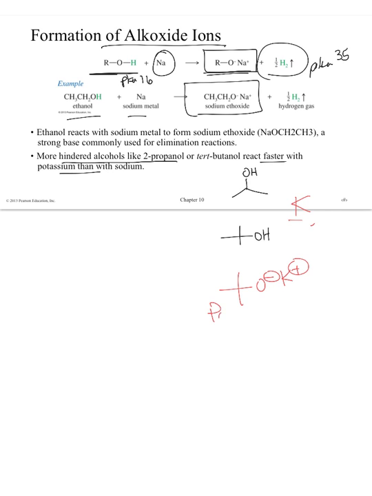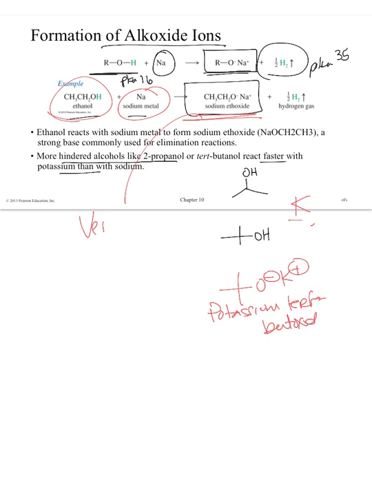And that's potassium tert-butoxide. So when you see how to make these, you put in your alcohol and you put in your metal, and you're going to make a very, very strong base.